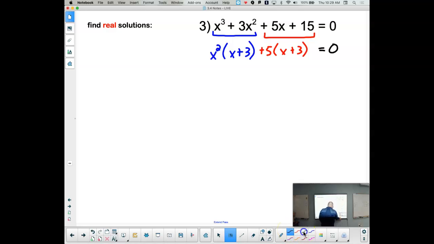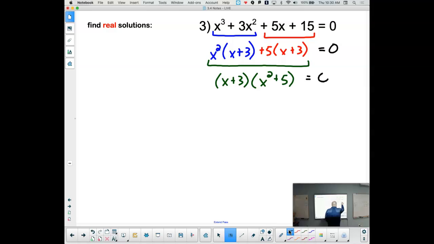Then I'm going to take this whole thing. Both of them have an x plus 3 in it, so I'm going to factor out an x plus 3. Leaves me with an x squared plus 5. Oh, there's that x squared plus 5 again. Okay. So then I can say x plus 3 equals 0.